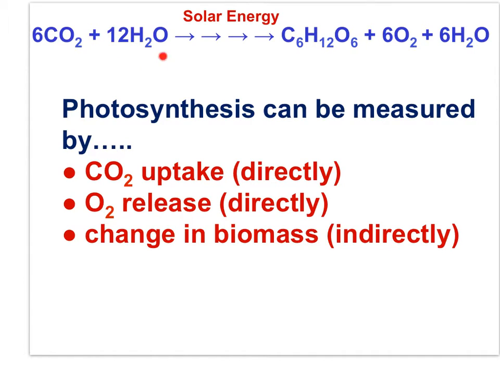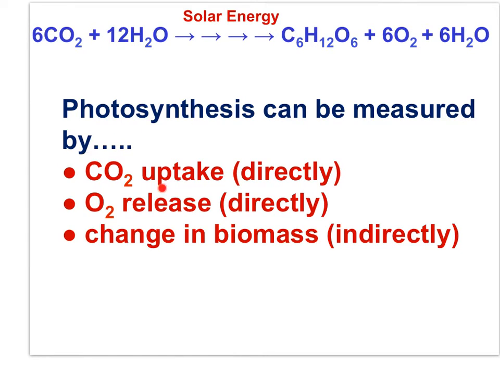Thus, 12 water molecules, and in turn, to balance the equation, there are 6 water molecules on the right. The glucose formed from photosynthesis represents the chemical energy carbon compound that is available for the energy needs of the plant as well as any consumer that feeds off the plant.